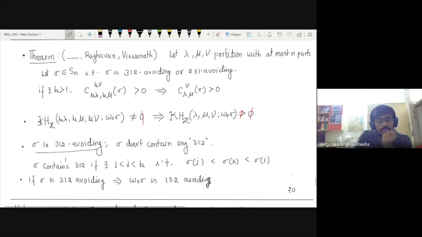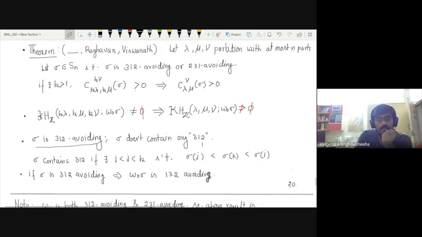Sigma is called 312 avoiding if it does not contain any 312 type. What does it mean that sigma contains 312 type? It means there exist three numbers i less than j less than k, such that sigma j is less than sigma k is less than sigma i. If this is happening, you say sigma contains 312, and if it doesn't contain any 312, that is called 312 avoiding. Similarly, 231 avoiding.